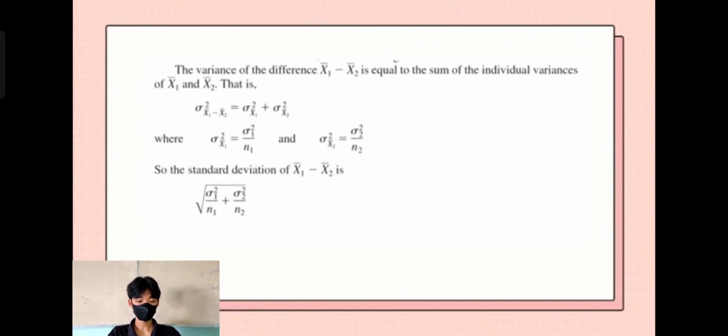That is, the standard deviation of mean sub 1 minus mean sub 2 is the square root of sigma sub 1 squared over n sub 1 plus sigma sub 2 squared over n sub 2.